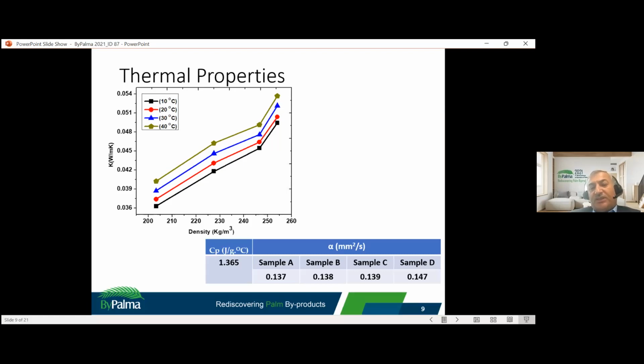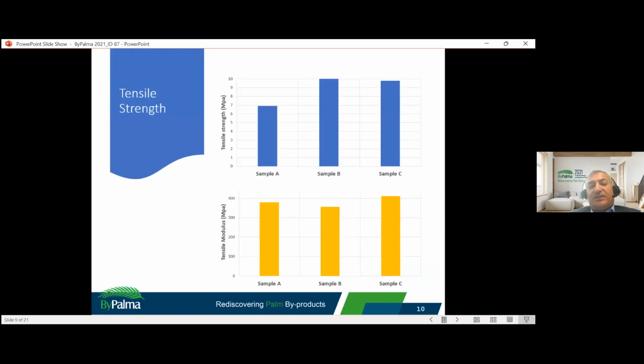If we check the thermal diffusivity, we'll find that the value is in the range 0.137 to 0.147 or 0.15, which is again a little bit less than the traditional thermal insulators, which means that in terms of these properties, our material is a good competitor with the traditional thermal insulator materials.